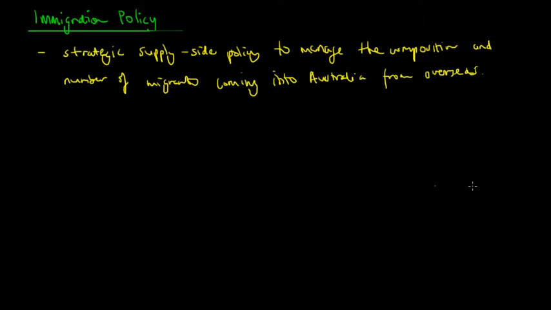Okay, so before we go into what the different types of immigration are, we're going to look at how immigration policy, in theory, can improve our supply side conditions.